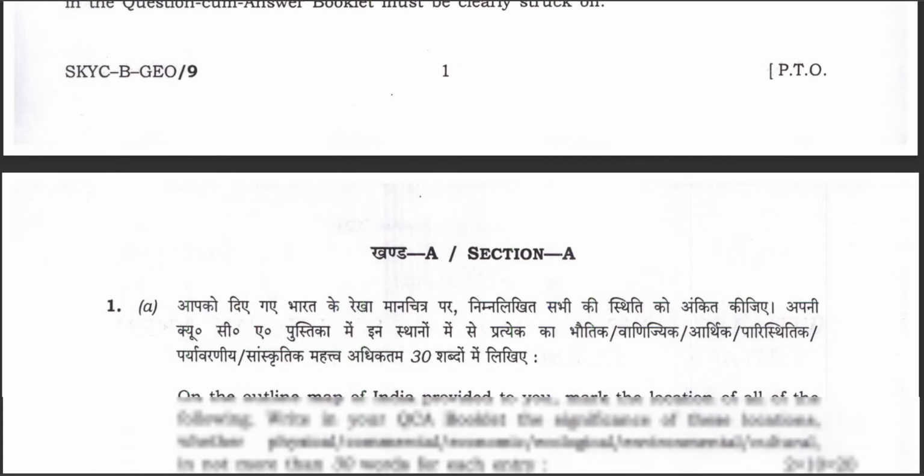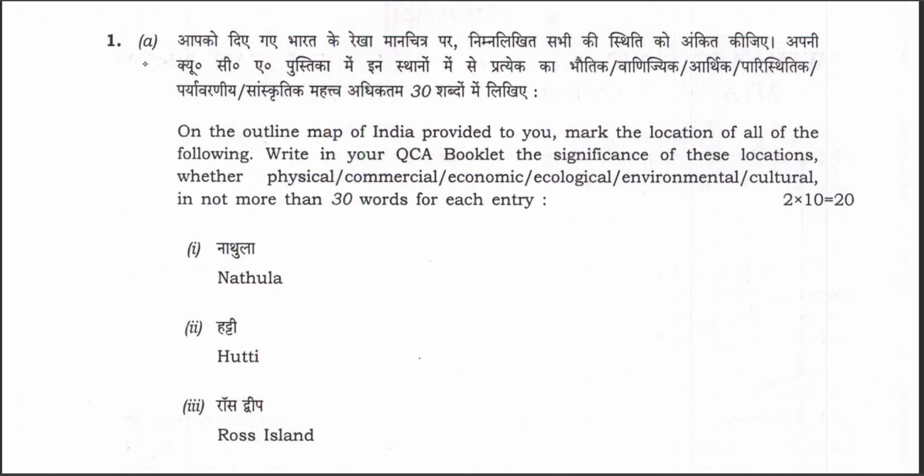Same instructions are given over here, but the first question is related to mapping. We have 10 points and each carries 2 marks. Apart from mapping, this is an India map. We have to comment on these locations which are provided.